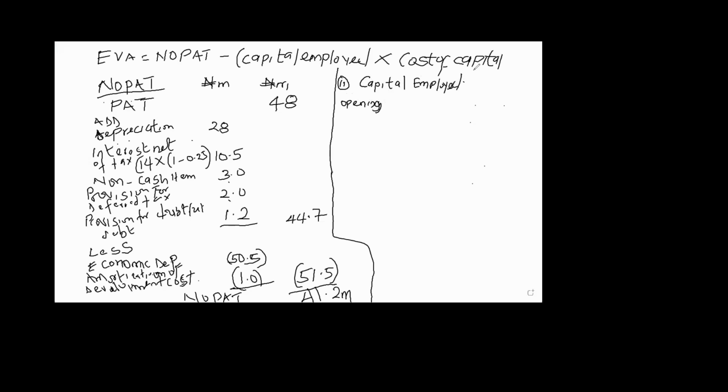Don't forget. Capital employed for 2020. Now go and check here. How was the closing capital employed for 2019? That becomes opening for 2020. Please check closing capital employed for 2020. Now let's go to the statement of financial position.